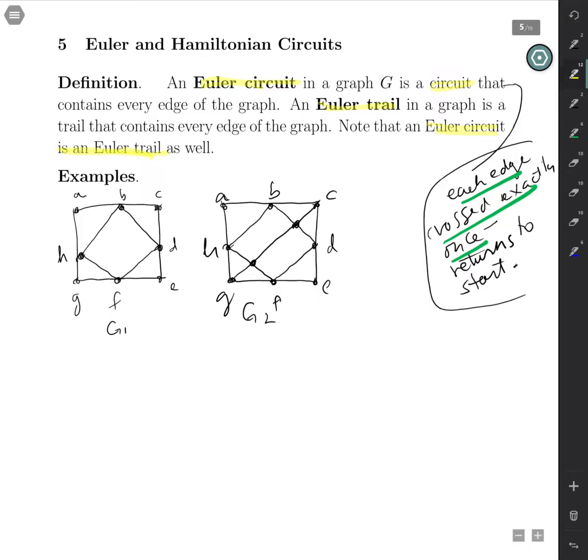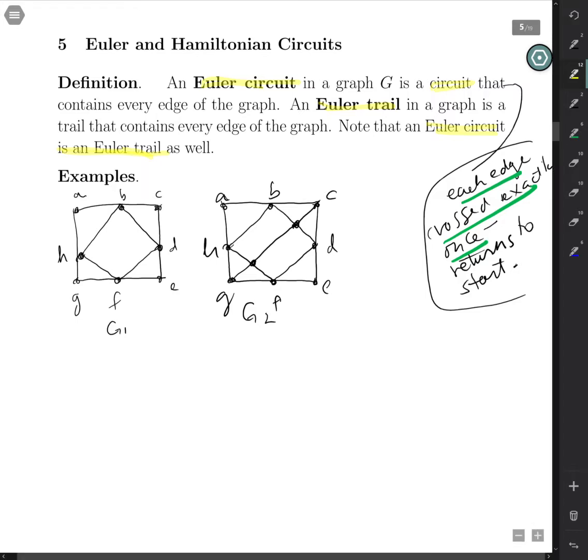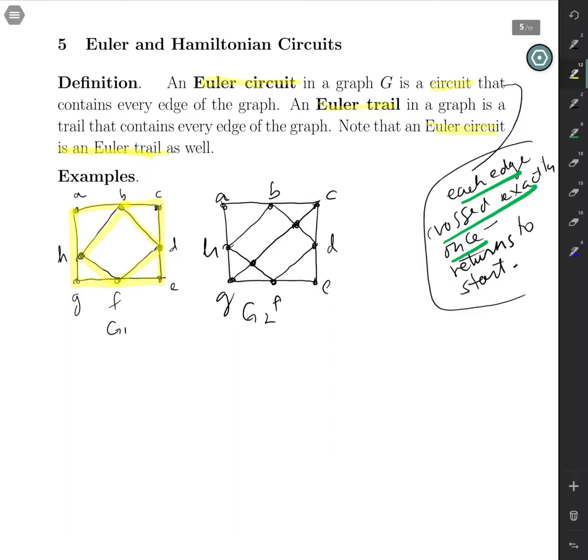So just real quickly, here's a couple of graphs. This one, G1, we could traverse every edge in this by doing something like the following. Let me start at B. We could start anywhere because it's going to be a circuit, but I'll start at B and do those first of all. And then once I'm back to B, I'll just cross each of these here. Notice that I did go through vertices more than once, but that's okay.